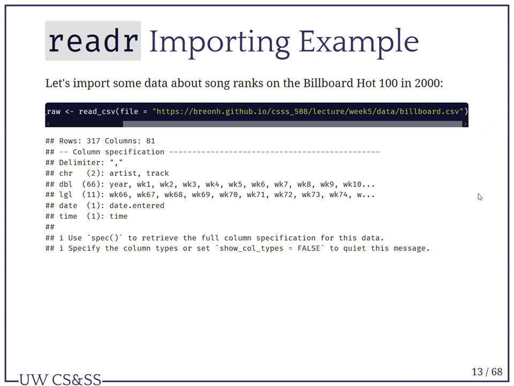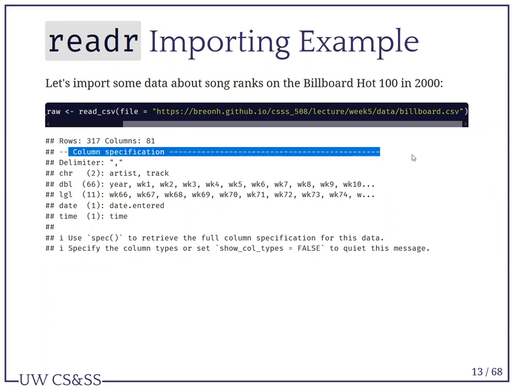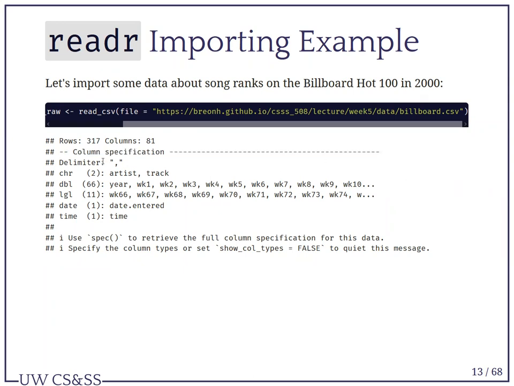But when you use read_csv, here's what it will return to you. It will tell you how many rows it has read, how many columns it has read, and what it has guessed the columns are. It'll tell you that the delimiter is a comma. It'll tell you that we have 2 character columns, that is the artist column and the track.